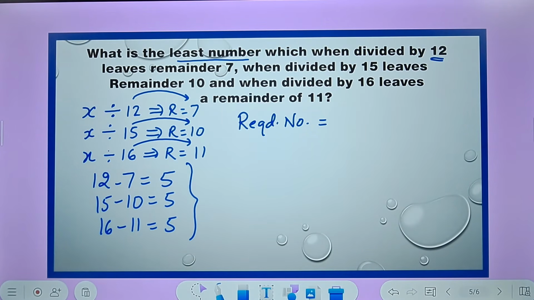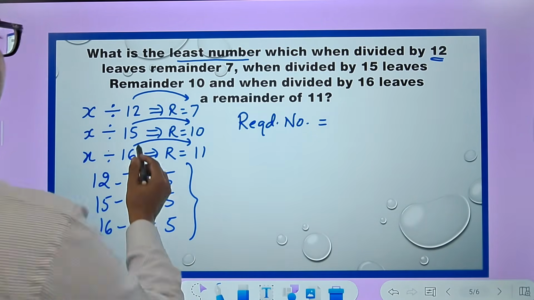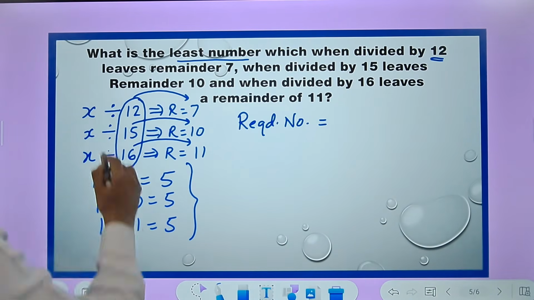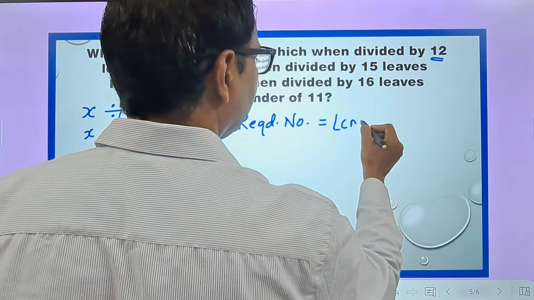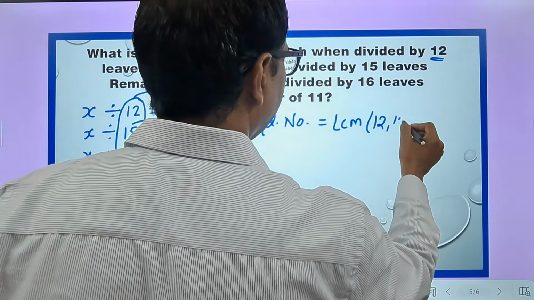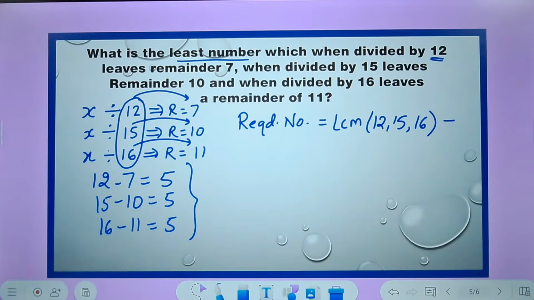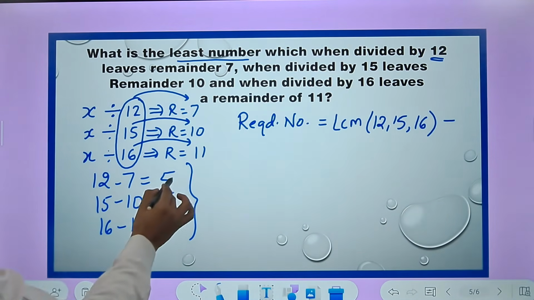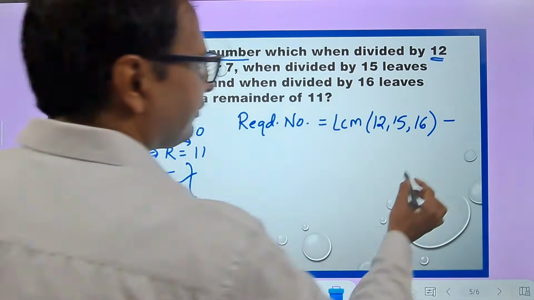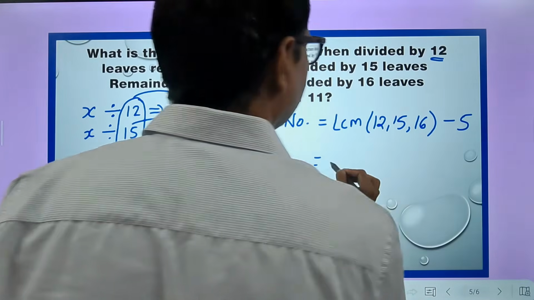So in this question you will be taking the LCM of the three divisors, that means LCM of 12, 15 and 16, and subtract from this what? Subtract the difference here. The common difference here is 5, and you will have your answer.